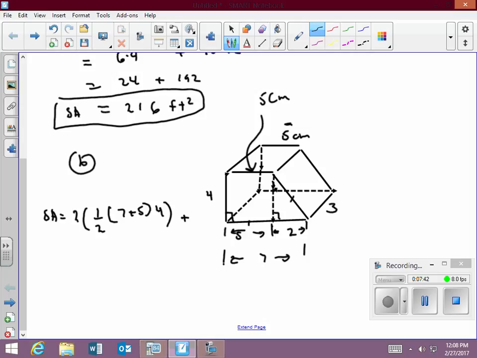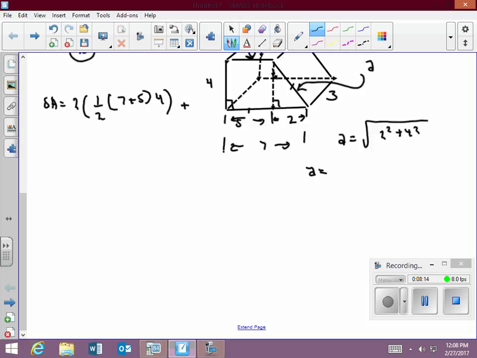So then we can calculate this, and I'll just call this A. A is going to equal the square root of the sum of the squares of the 2 legs. So it's 2 squared plus 4 squared. 4 plus 16, 20.